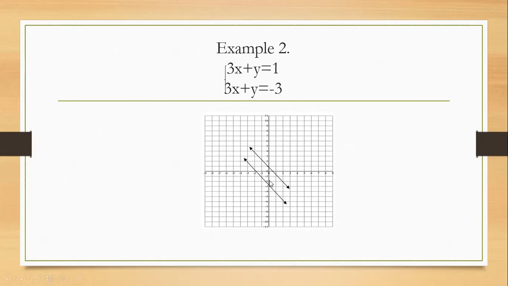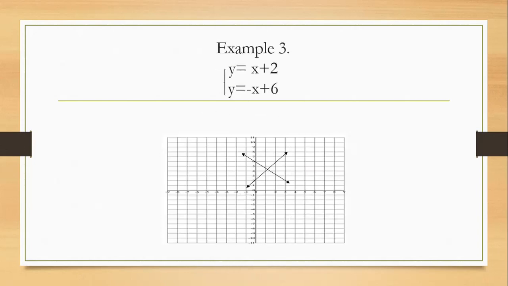Okay, so that is the graph. So what kind of system is it? Okay, it is inconsistent because it forms parallel lines and this has no solution. The slope is the same but the y-intercept is different.